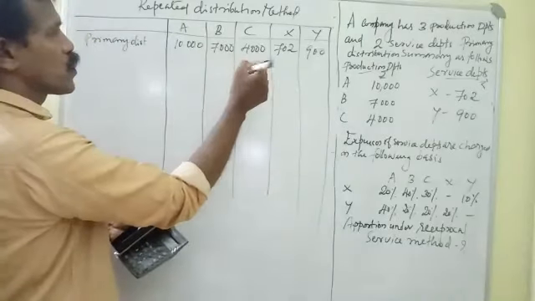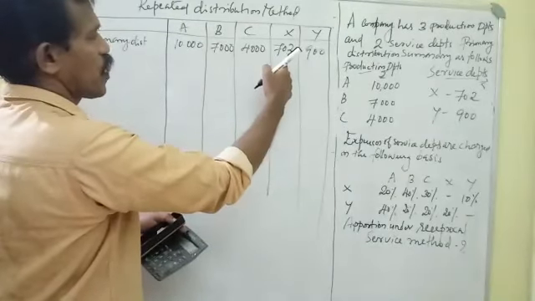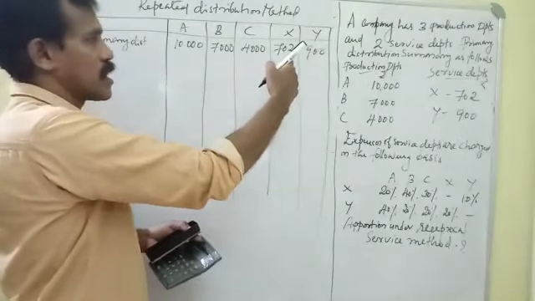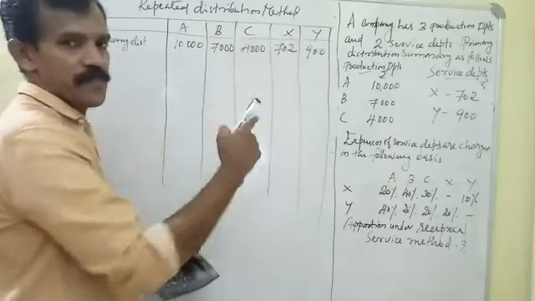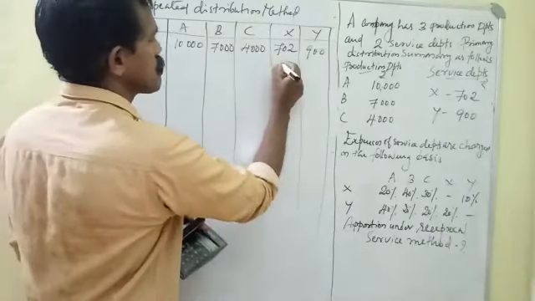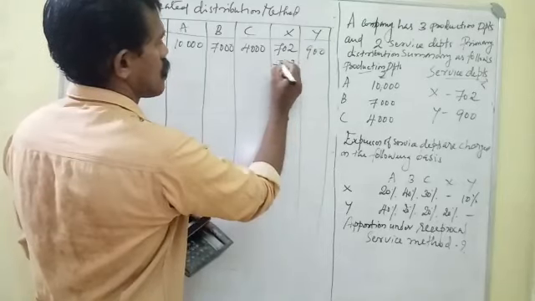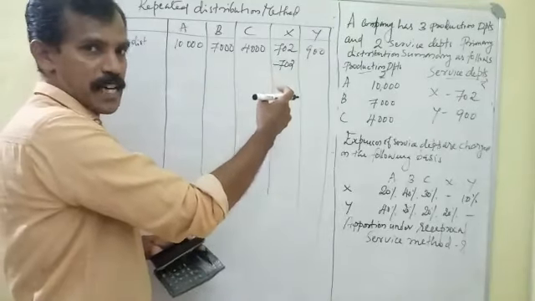Firstly, we are going to distribute the overhead of this X. I write this as a negative figure.